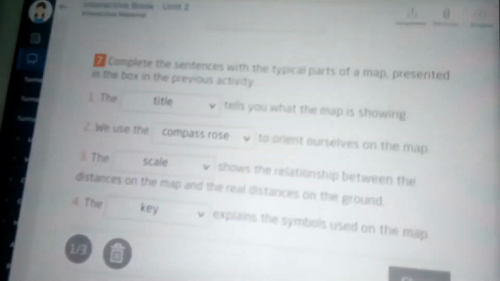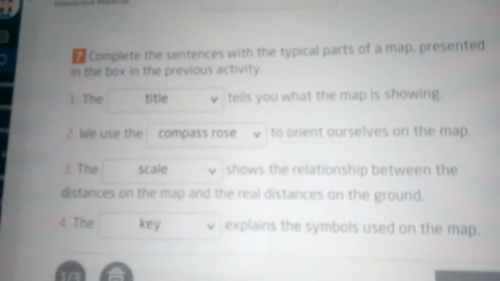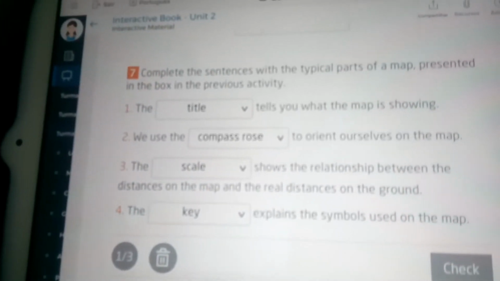Okay, so 1 title, 2 compass rose, 3 scale, 4 key. Do you need it? I will show you anyway. There you go. Title, compass rose, scale, and key. There we go.